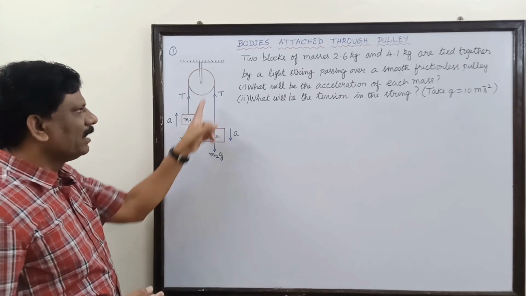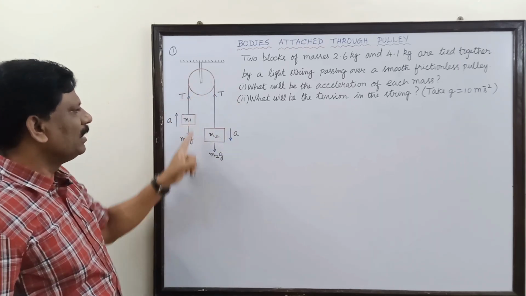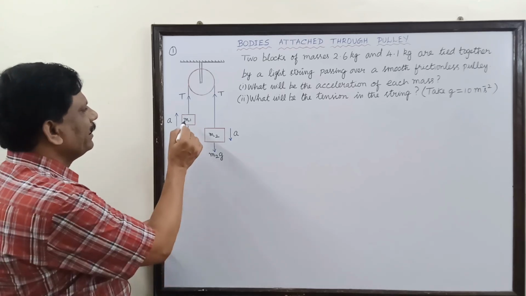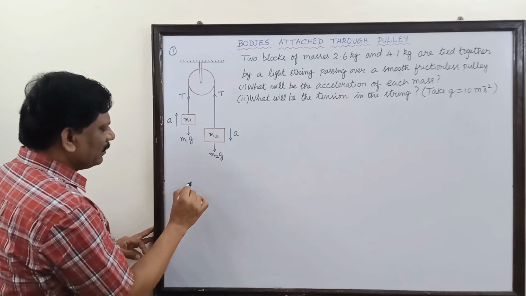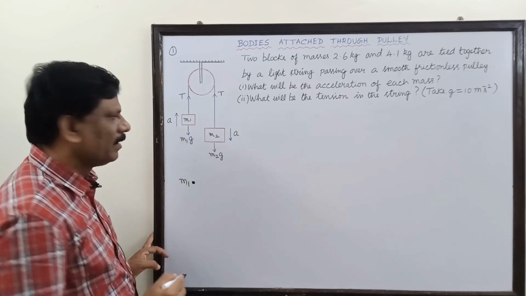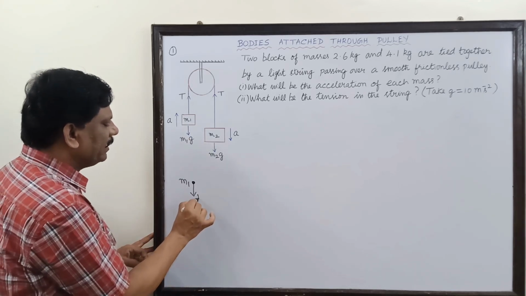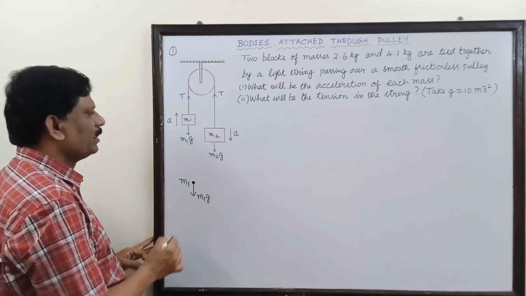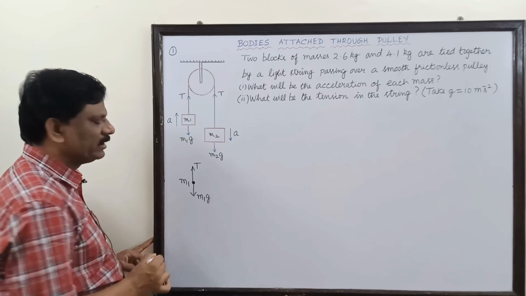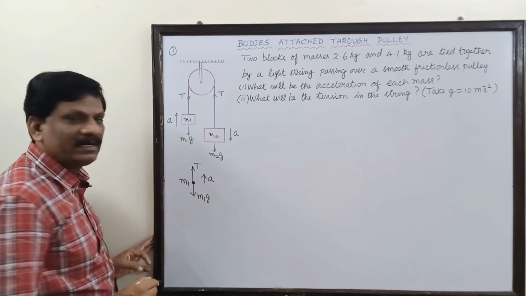Now you see on the right hand side is mass M2 and the left hand side there is mass M1. So if I draw the free body diagram for the mass M1, this is the dot which represents the mass M1. And you see here the weight M1g is acting in the downward direction, and the tension T is acting in the upward direction, and the acceleration also is acting in the upward direction.